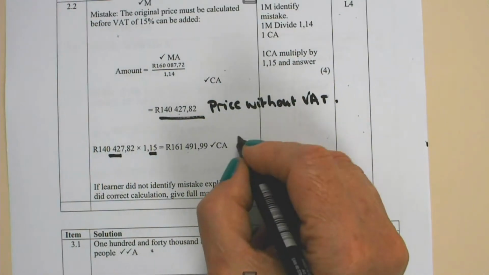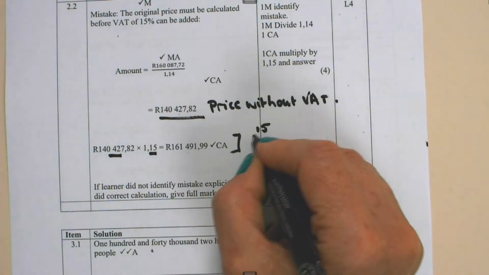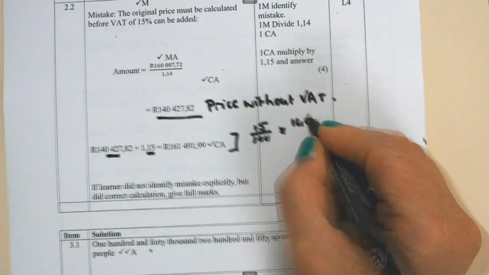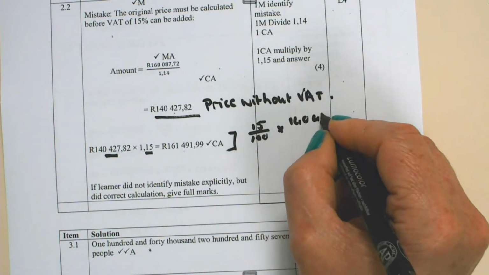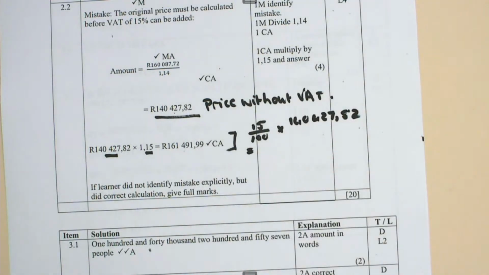Of course, we can do this also in 2 steps. We can first work out 15% of 140,427.82, and we will get a value.